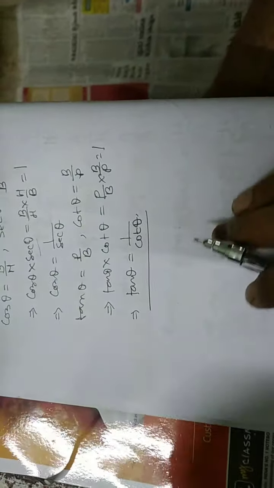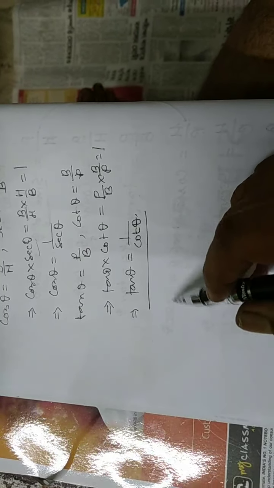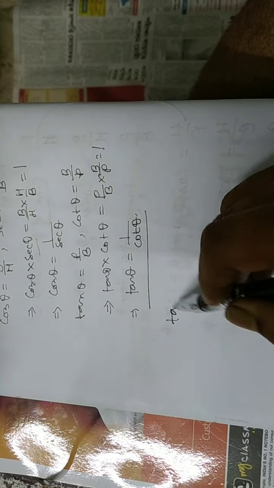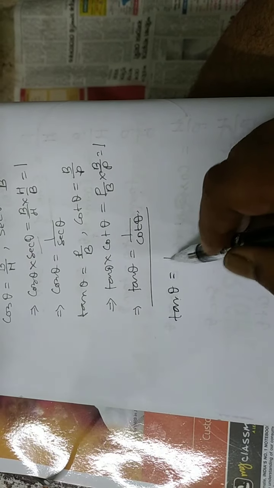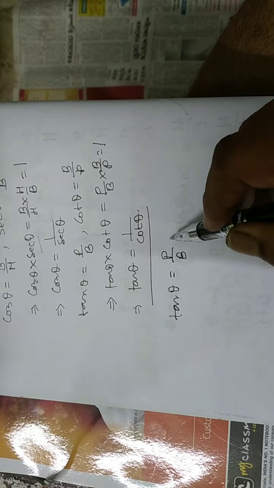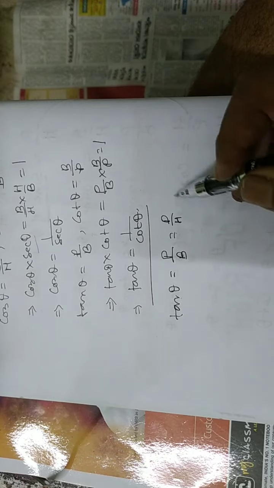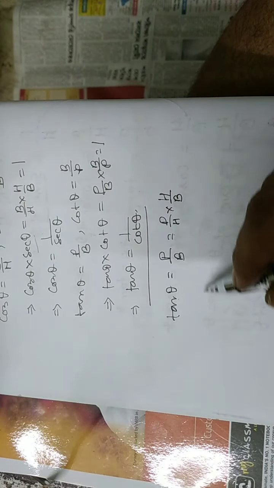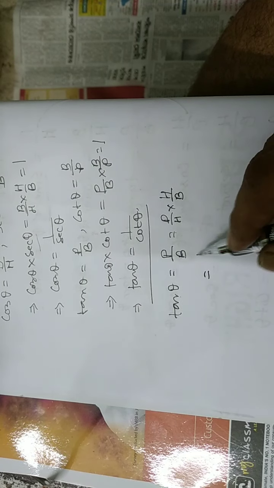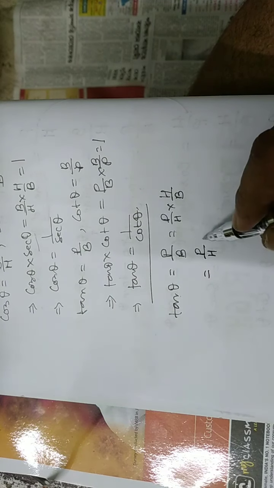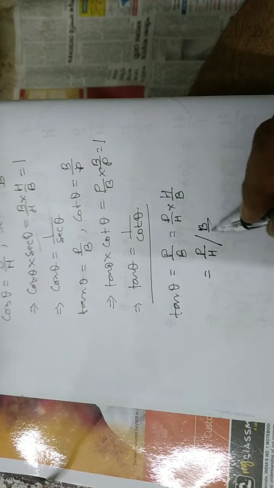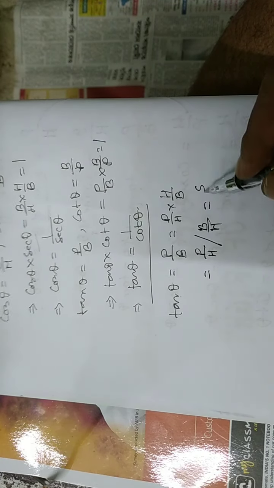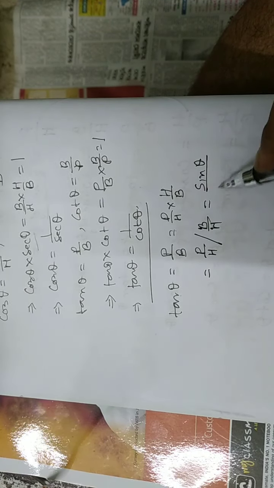But there is another important relation, that is tan theta equal to p by b equal to p by h into h by b, or tan theta equal to p by h by b by h, that is sin theta by cos theta.